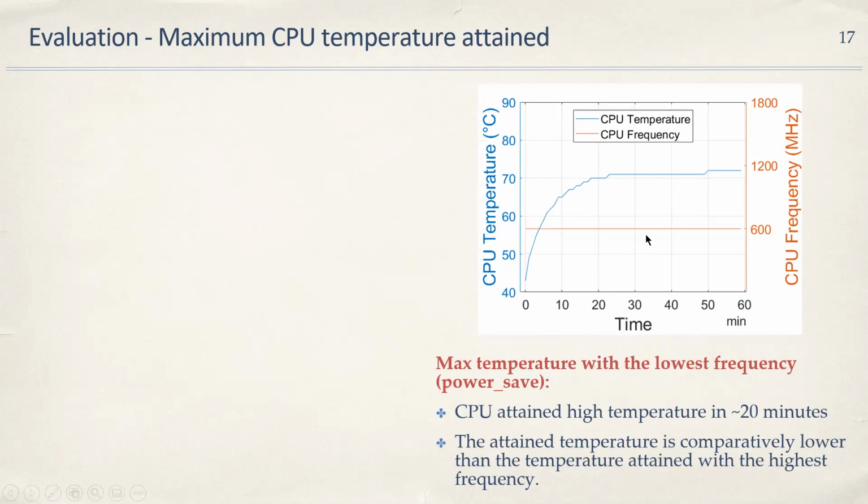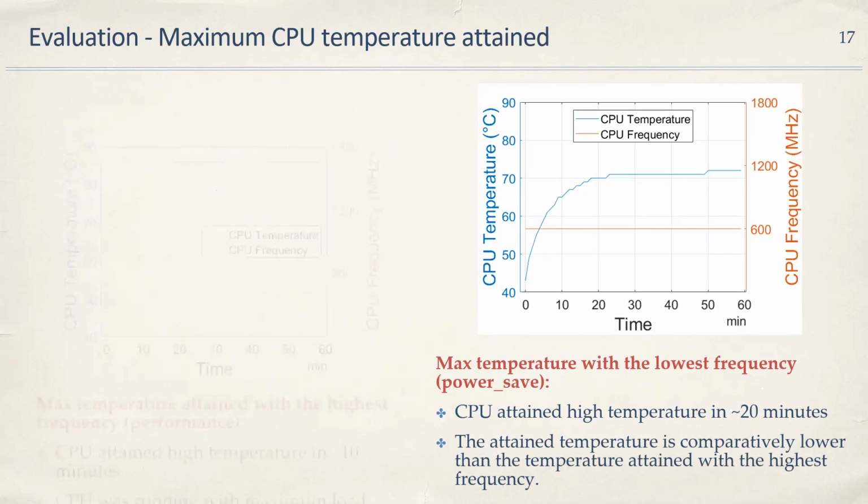This is the behavior of the CPU with the lowest frequency. We can see it is approximately around 70 Celsius without applying any control. Because we are cooling the whole cluster using an external fan at room temperature, it attained the high temperature at 20 minutes, and then it continued at the same temperature.